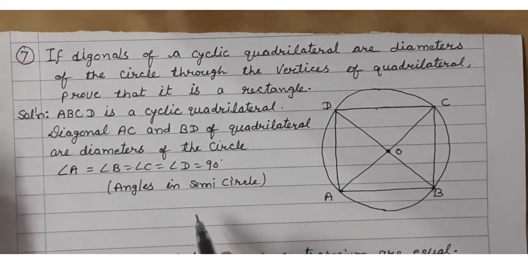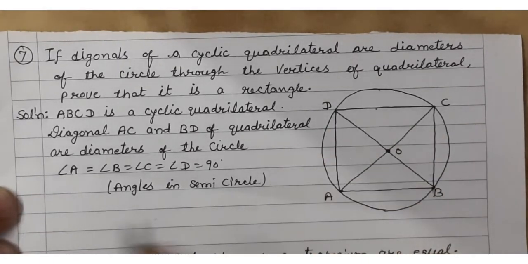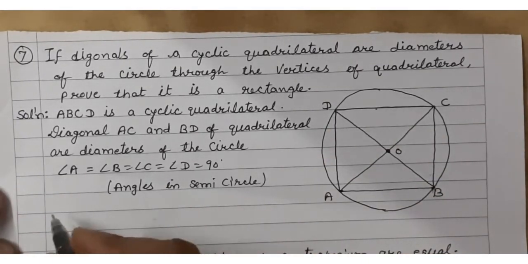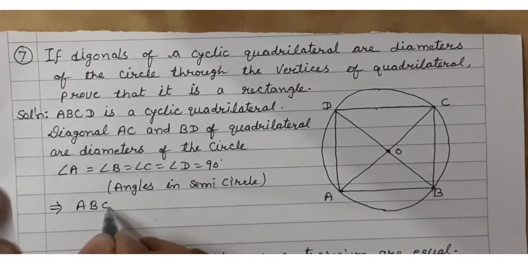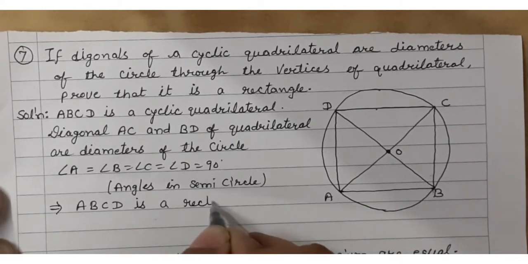So these all are 90 degree each. So in any quadrilateral, if all angles are of 90 degree, so what we can say, ABCD is a rectangle.